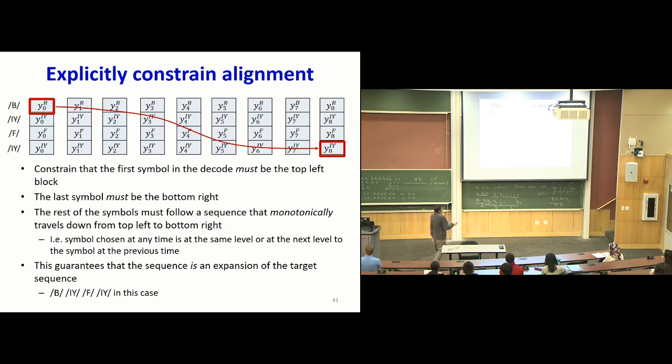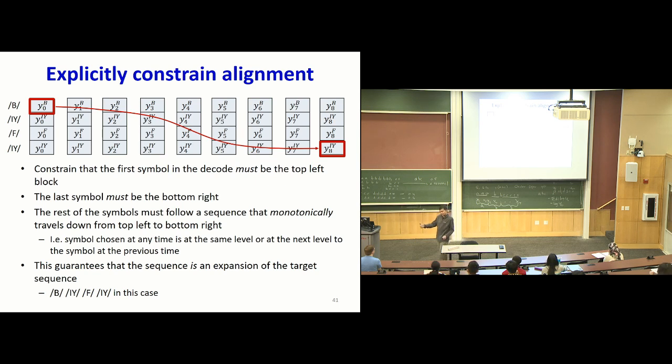Now, this table, I can walk through the table, right? Instead of just randomly picking a symbol from every column, I'm going to impose an additional constraint. I'm going to say that I want to pick entries from this table such that the sequence of entries forms a path that goes from the top left to the bottom right.